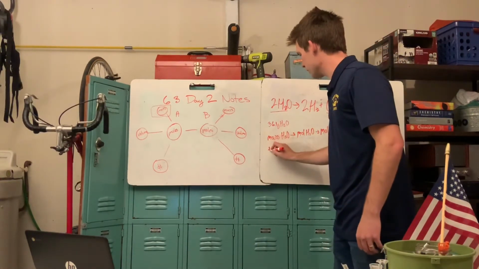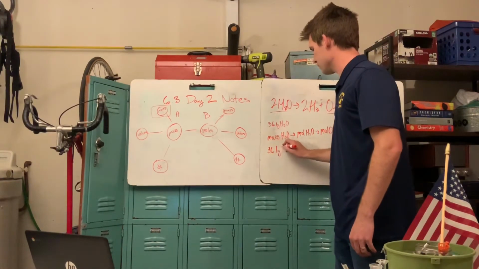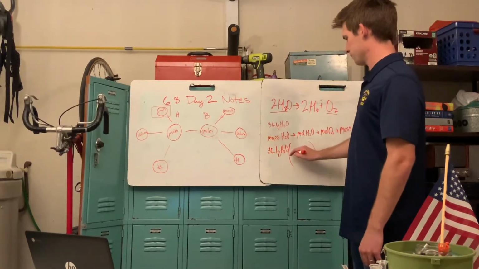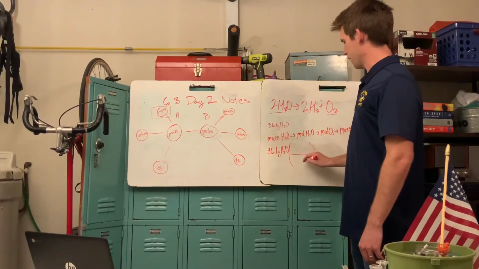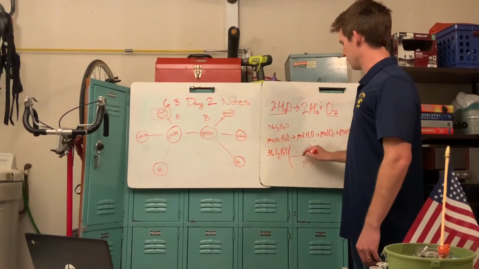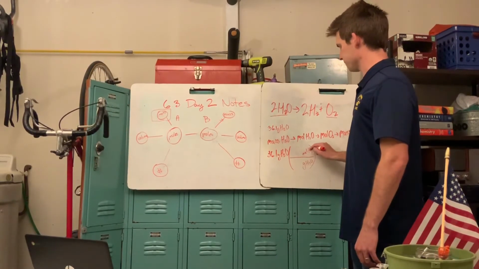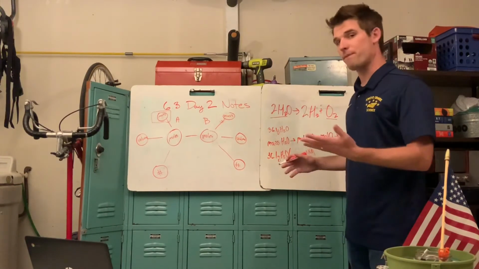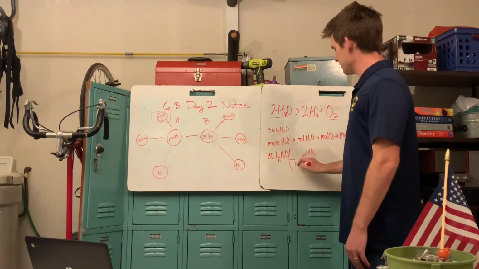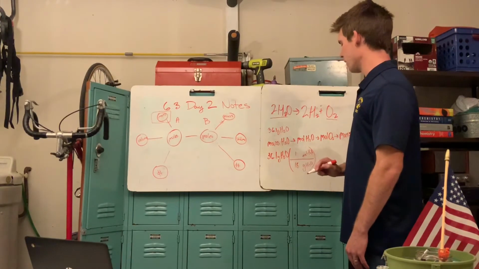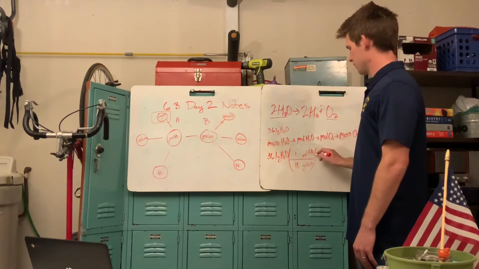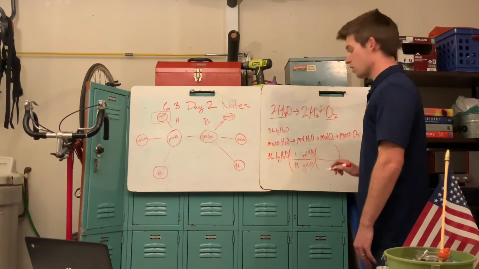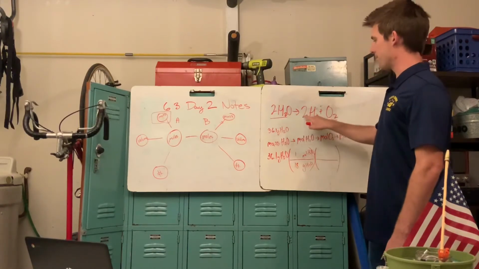We start out with 36.1 grams of water. There's our mass. And we're going to convert to moles right here. We have grams of water on the bottom and moles of water on the top. Now, we know that the molar mass from the periodic table is 18 grams to 1 mole of water. Then we're going to convert from moles of water to moles of oxygen. The way that we do that is we look at our balanced chemical equation.